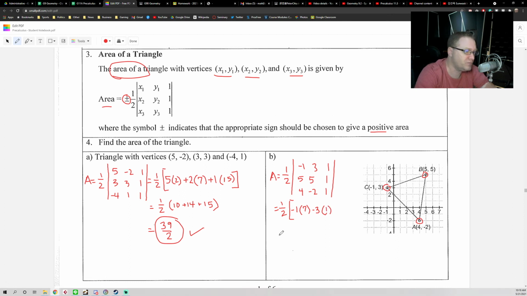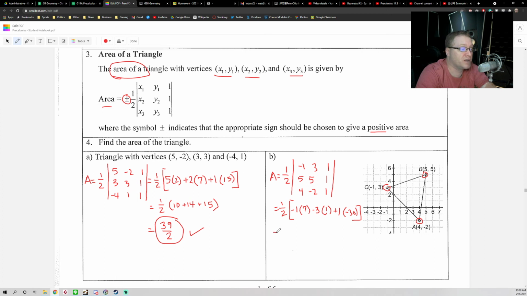Boom. And then finally, we're going to say plus 1, because we have a 1 here, times, and we're going to cross out this row and this column, and we're left with 5, 5, 4, -2. So 5 times -2 is -10, minus 5 times 4 is 20. -10 minus 20 is -30. All right, so we're left with -30 here.